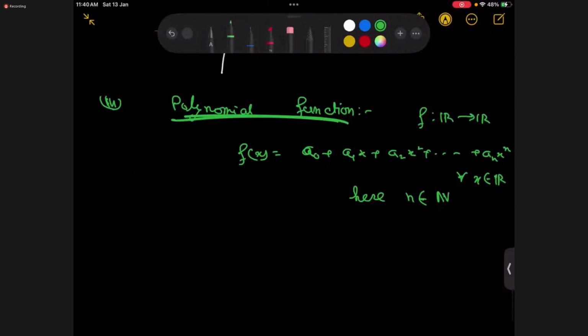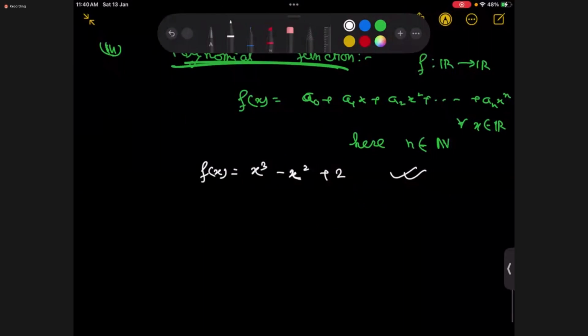So let us see some examples. One example is f of x equals x cube minus x square plus 2. This is a polynomial. What about f of x equals x to the power 3 plus 2x minus root 2?